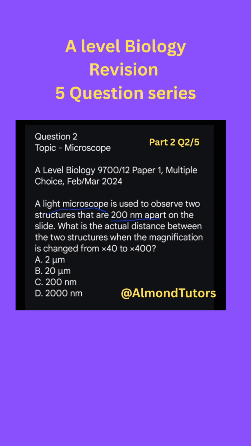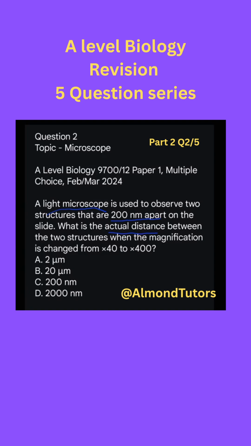Now remember, when they're talking about structures, think about, let's say, two ribosomes, or a ribosome and a mitochondria, or a chloroplast and the nucleus. It could even be two chloroplasts that are 200 nanometers apart.